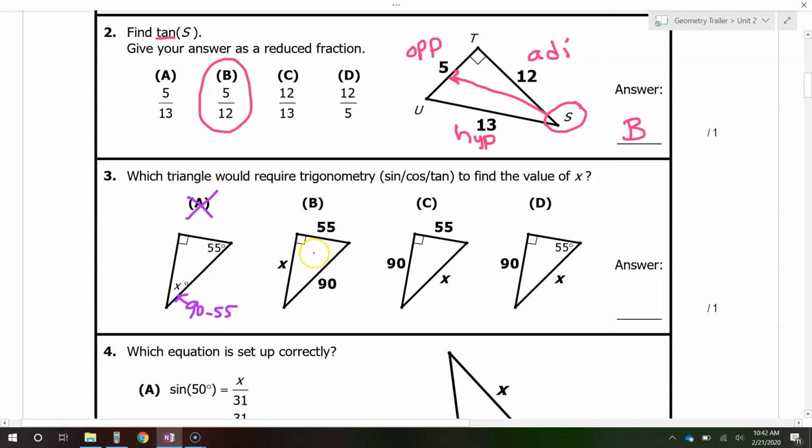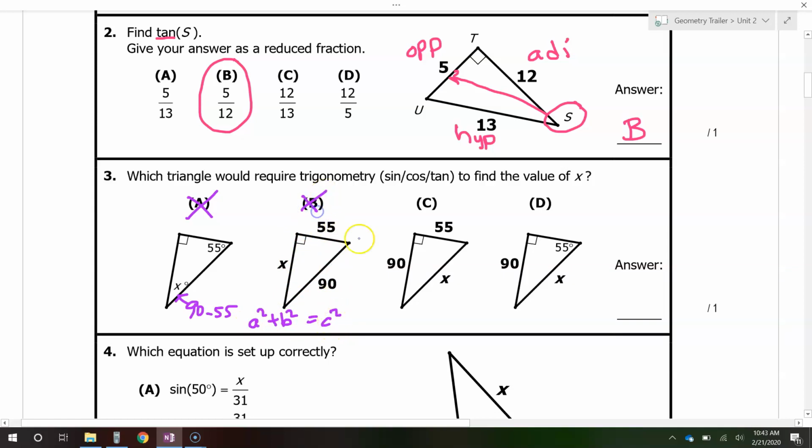I will not need sine, cosine, or tangent here either, because this will be the Pythagorean theorem. This is where I would do a squared plus b squared equals c squared. Notice that these are all sides. So when I'm dealing with only sides and no angles, that's when it's all about the Pythagorean theorem.